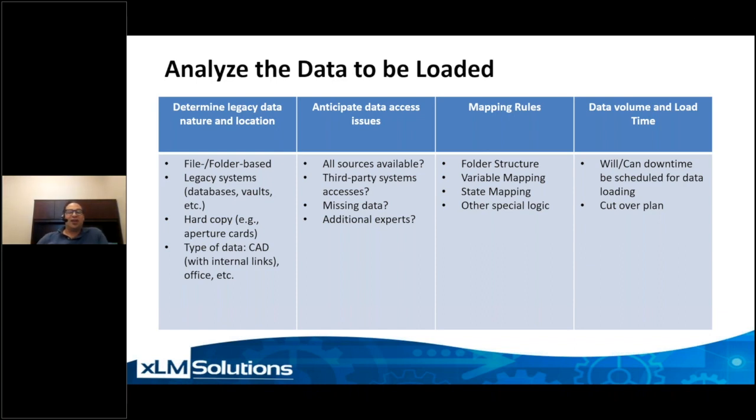Usually when dealing with migrations, there are two parts: an extraction part and an import part. Importing into PDM, we've got covered. Usually we can do the extraction part as well, but we can't be an expert in every system, so sometimes we may want to involve a third party to help. Is all the data there? Could there be missing data? And if so, how are we going to deal with it, or why is there missing data? And do we need to bring in additional experts to help with that extraction piece?